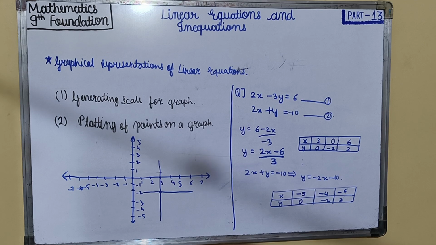Intersecting over here. Then minus 5 and minus 2.